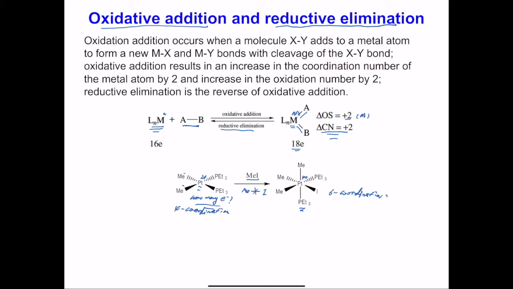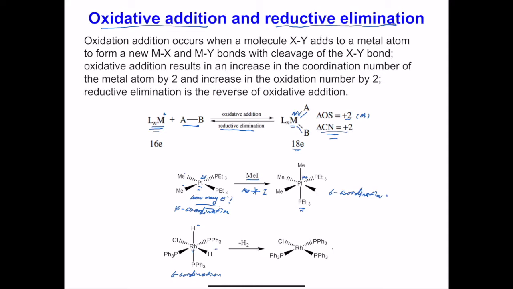Let me show you an example of the reverse model, reductive elimination. In this case we start from this 6 coordinate rhodium dihydride. What's the oxidation state?